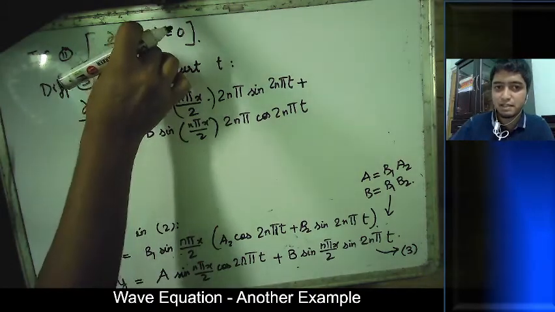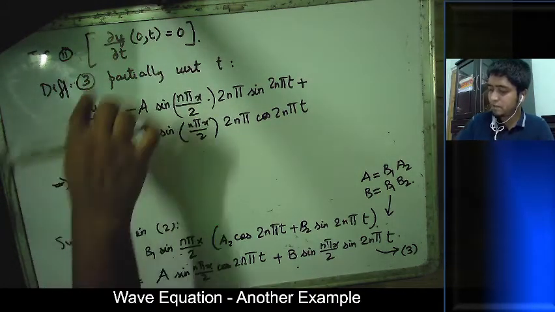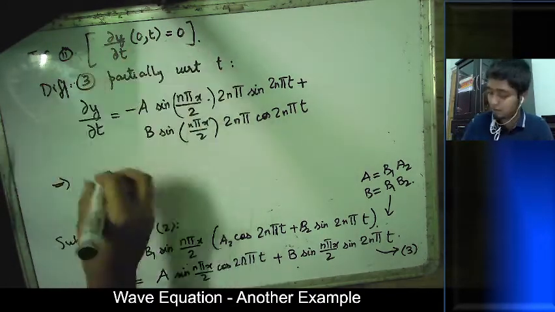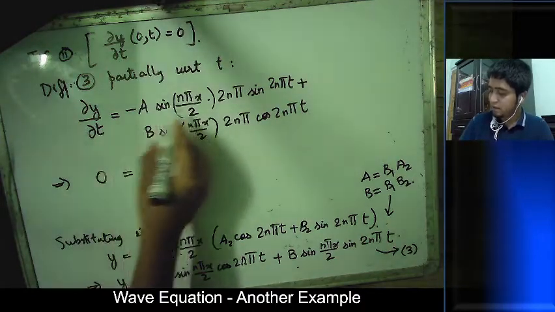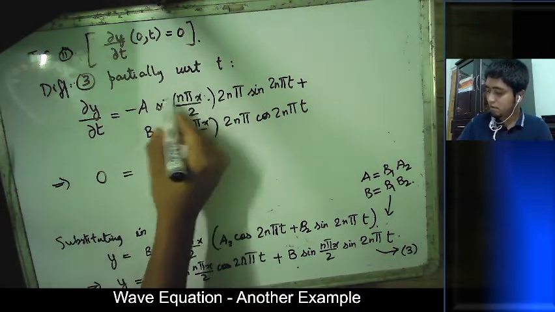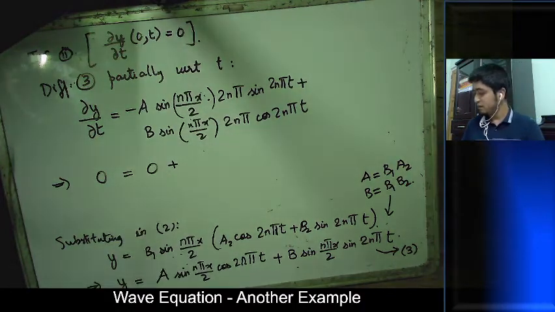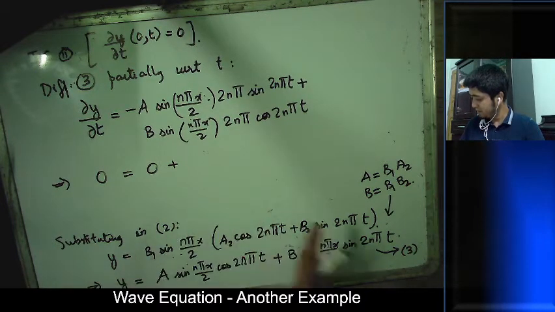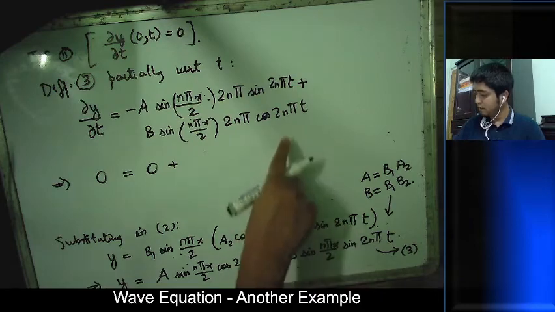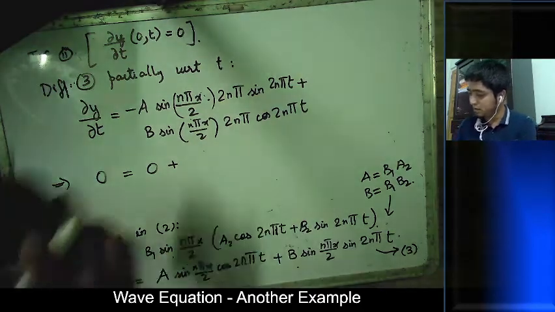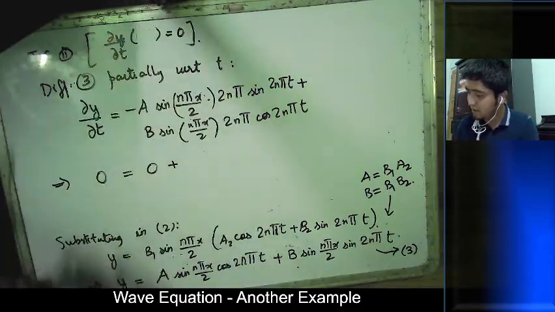Now using initial condition 2, you notice that the value at x equal to 0 is equal to 0. So substitute x is equal to 0, sine 0 will become 0. I may have made a mistake somewhere. Sorry, it's actually x0.